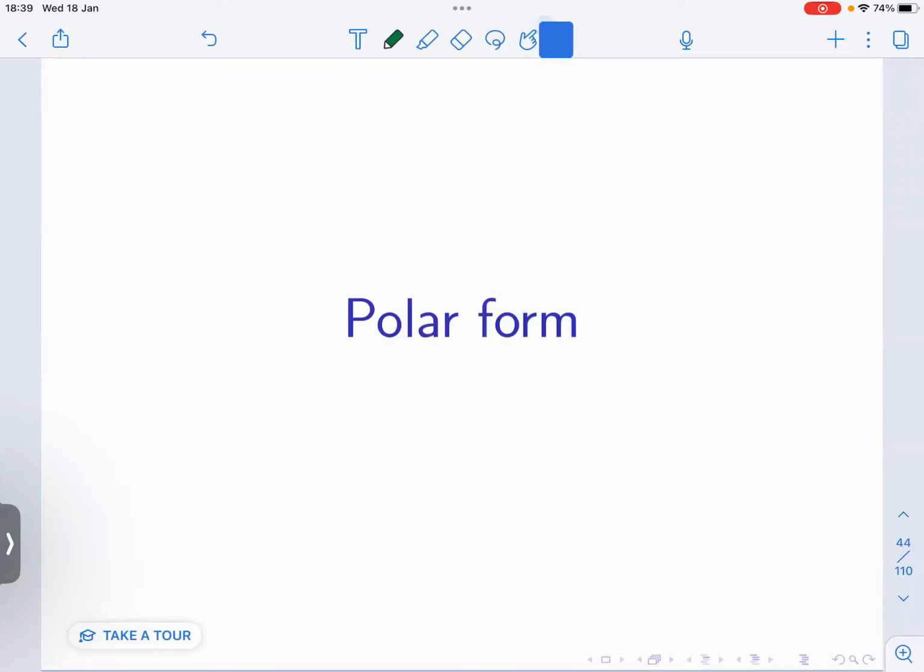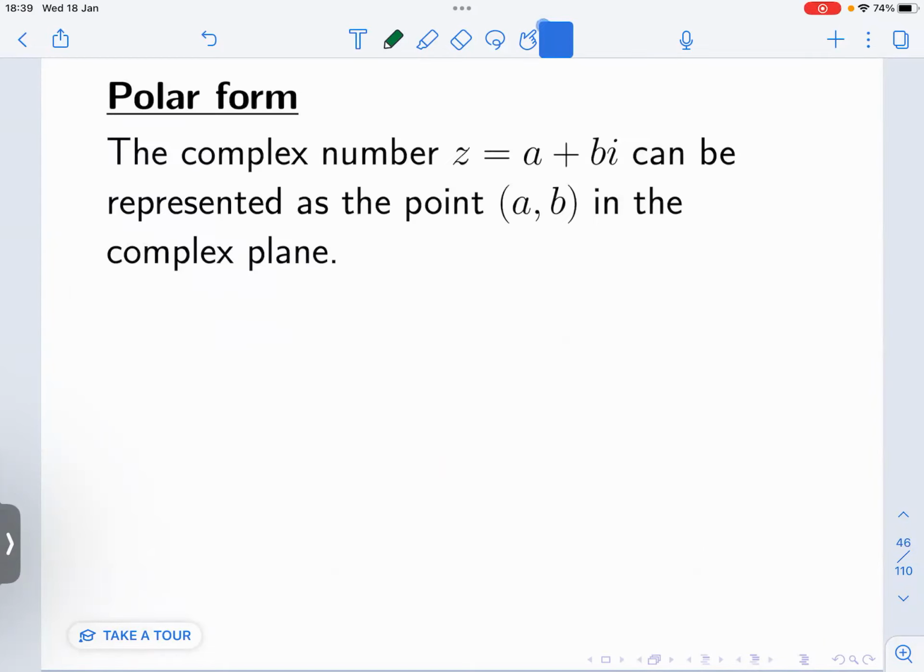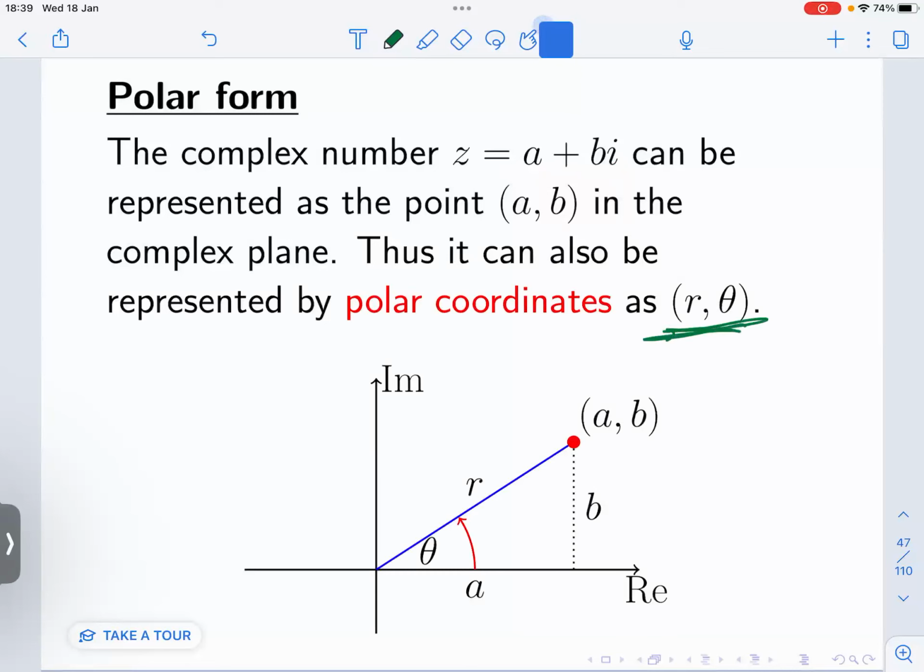Right, and then we get into another way of expressing a complex number. Since we said that a complex number of the form a plus bi can be represented as the point (a, b) in the complex plane, then we should also be able to represent it by polar coordinates (r, theta).